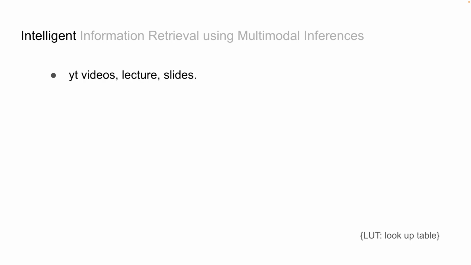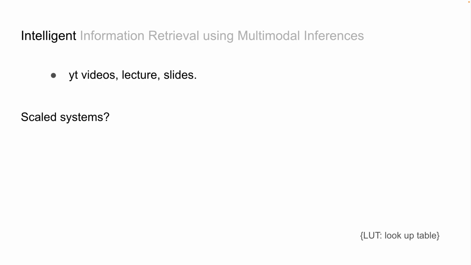For use cases like YouTube videos, lectures, and slides, when the scale is limited to a small sample space, you can simply query a whole video, with all kinds of representations inside, and you'll get a result. It is optimized because the sample space is very small, and you get your responses very efficiently.